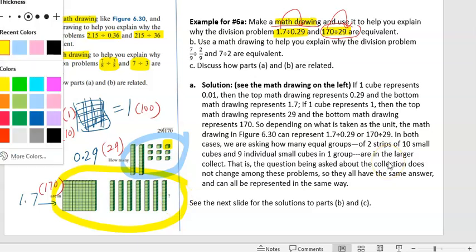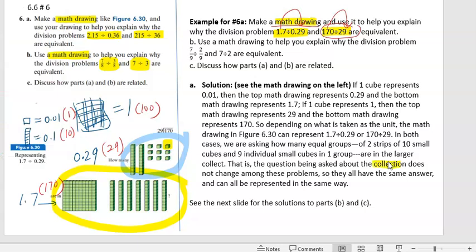So when you explain, the question being asked is, how many of the 170 blocks contain how many 29 blocks, which is equivalent to 1.7 contains how many 0.29. As you can see, the drawing or the collection does not change, and so they will have the same answer.